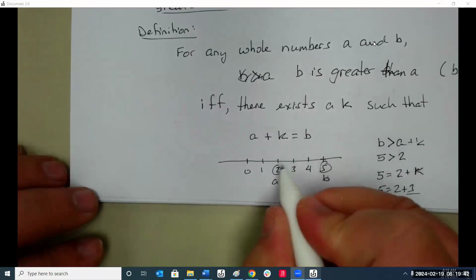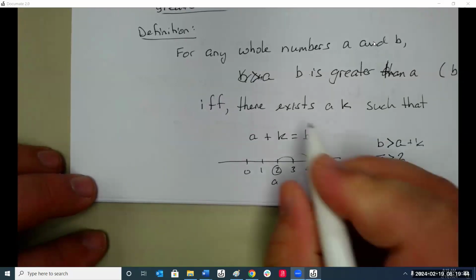So this method is what they call counting on.